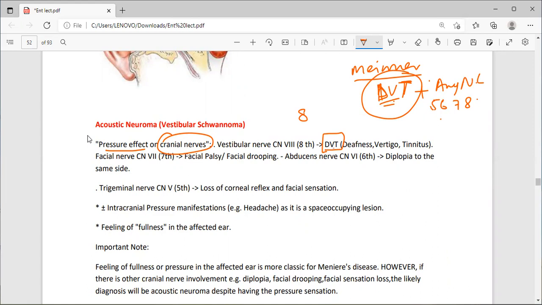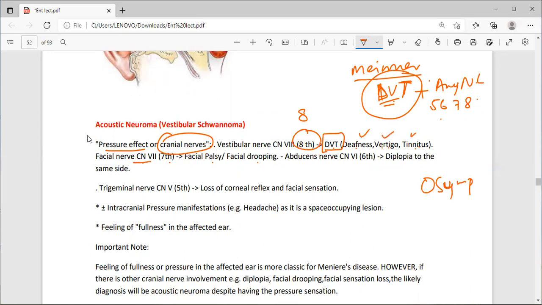Now look, DVT: deafness, vertigo, and tinnitus. With the facial nerve, cranial nerve 7 palsy, facial drooping will be there. If the abducens nerve is involved, diplopia of the same side. Whenever you have some symptoms which are beyond the ear, then you are dealing with the acoustic neuroma or schwannoma. Why? Because the vestibular nerve is responsible for deafness, vertigo, tinnitus.